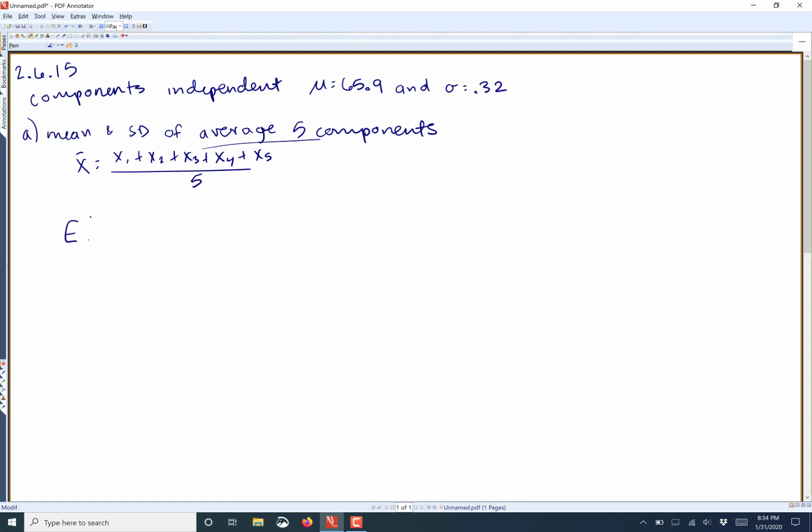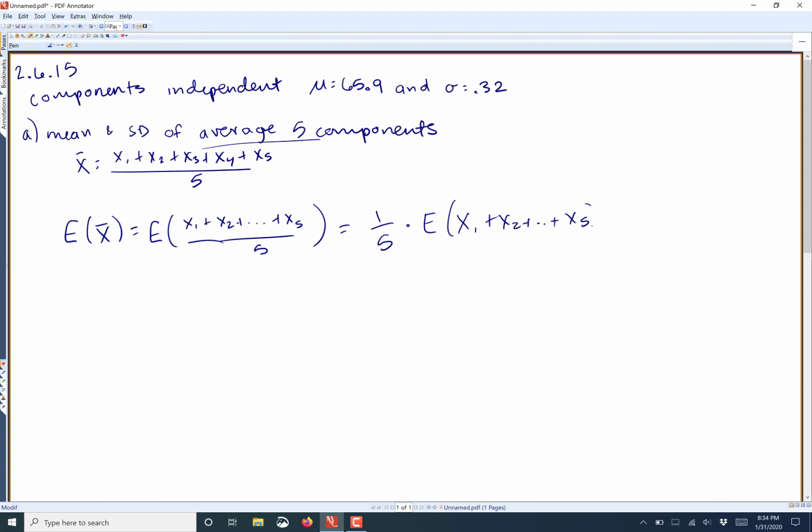So our expected value of that, well, we just take the expected value of x1 plus x2 plus dot dot dot plus x5 over 5. Now that dividing everything by 5 can just come out. So we have 1 over 5 times the expected value of x1 plus x2 plus all the way up to x5.